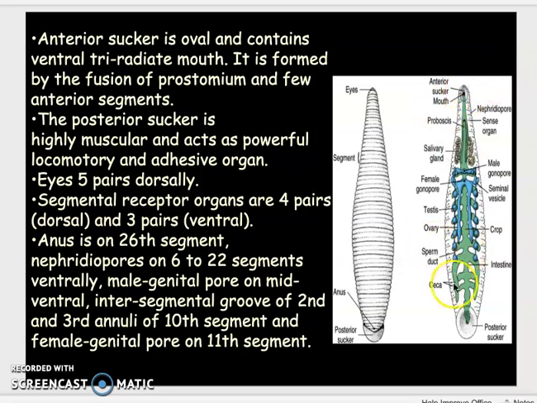The posterior sucker is a highly muscular and adhesive organ, and there are about 5 pairs of eyes dorsally. Segmental receptor organs are present in 4 pairs and 3 pairs, and the anus is on the 26th segment. The nephridiopores are present in segments 6 to 22 ventrally, and the male genital pore is on the mid-ventral intersegmental groove of the second and third annulae of the 10th segment, and the female genital pore is on the 11th segment.